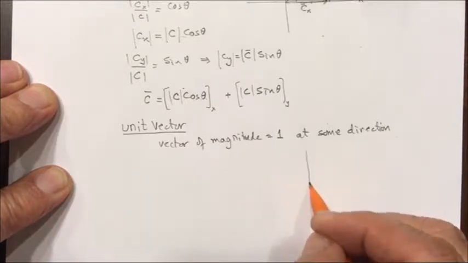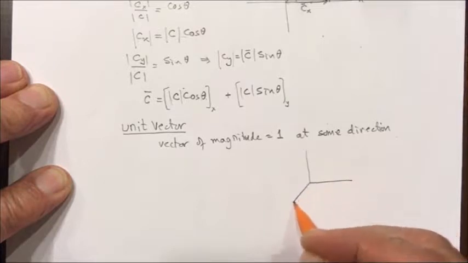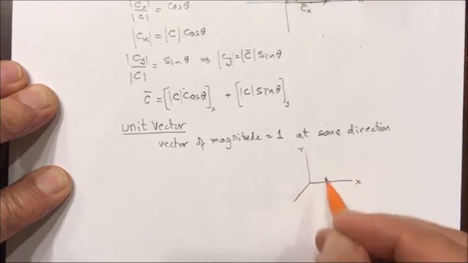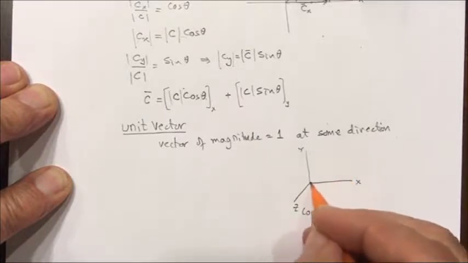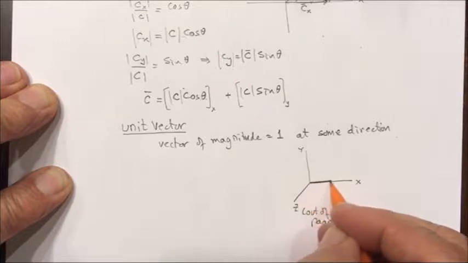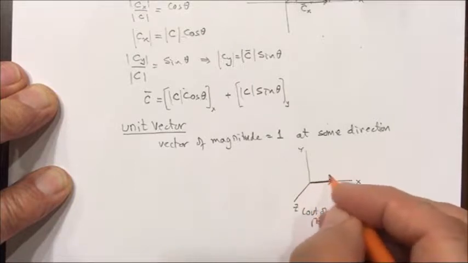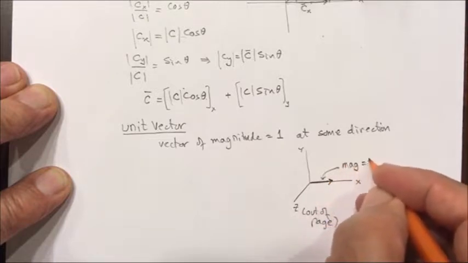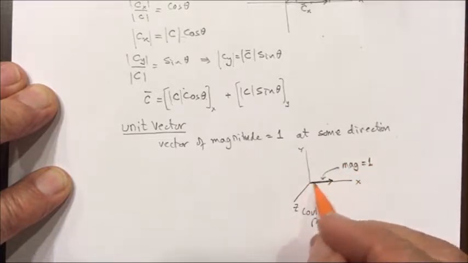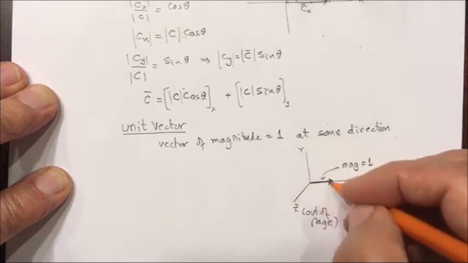So if I have my coordinate system here, that's the x, y, and the z which is coming out of the page, then a unit vector in the x direction is of length 1 and the direction is x. So that's one unit vector.